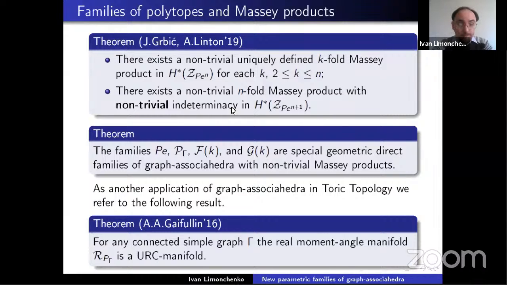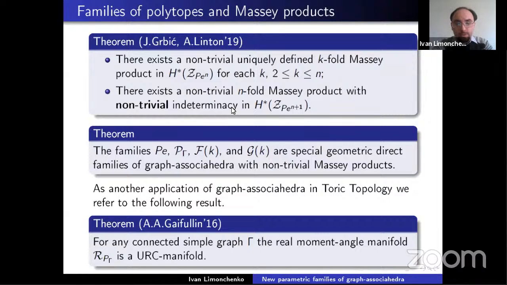So either this manifold or its finite fold covering will give you the class up to a positive multiplier, as in Thom's solution, for example. Such a manifold is called a URC manifold.